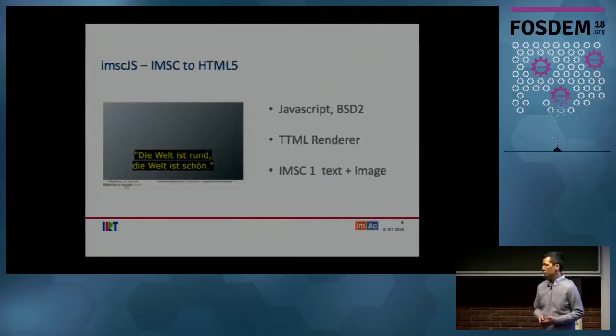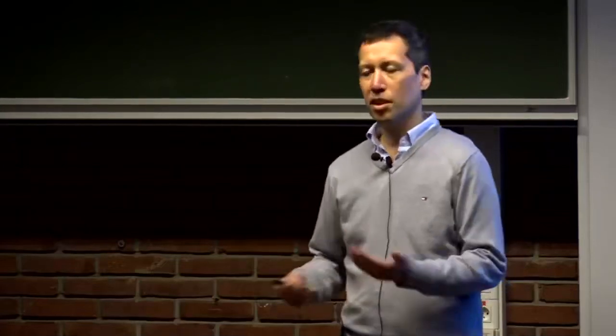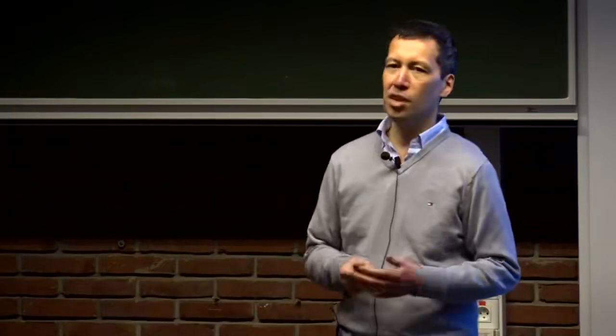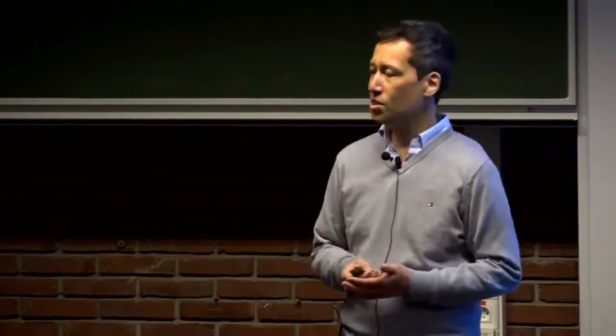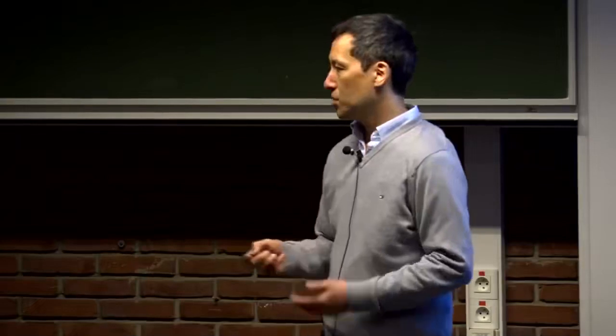So imscJS is written in JavaScript. It has a pretty free open source license, BSD-2. And because it covers pretty much of what you would do with TTML, it's not only an imsc renderer, it's a good TTML renderer. And because it has not only a text profile, but also a profile for images, that may be useful if you do not have the font available on the device, especially if you want to deliver subtitles in Asian languages, then you may use the image profile.